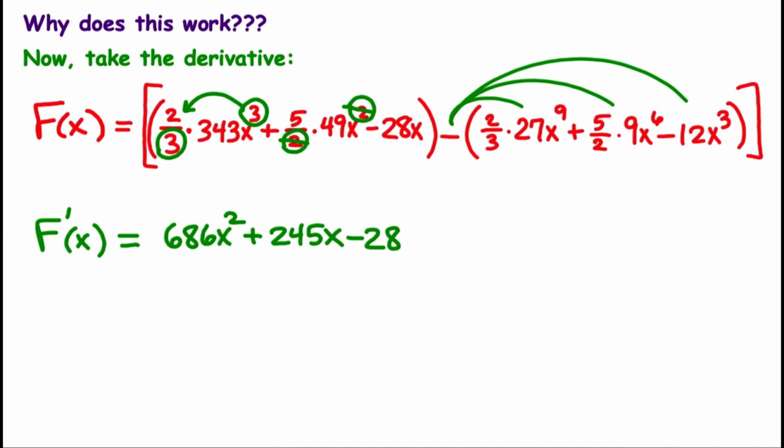Okay, here, 9 times 2/3. 2/3 of 9 is 6. 6 times 27 is going to be negative 162x to the 8th, because it's going to go down by a power. 6 times 5 halves, I can cancel that.